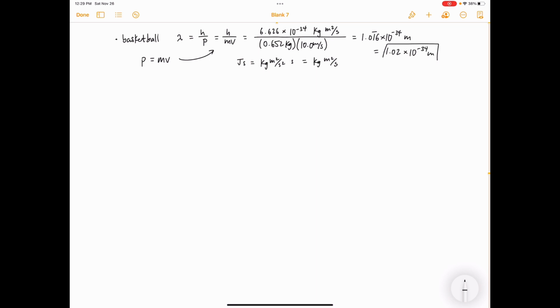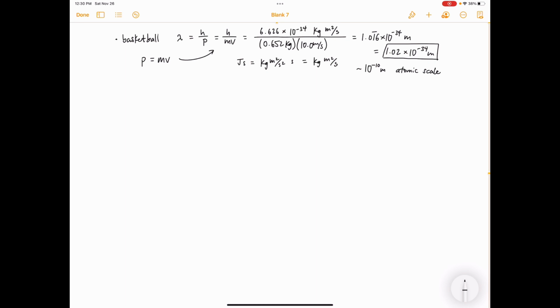Now, it's worth taking a look at that number and appreciating how small it is. So what's something really small we could compare this number to? 10 to the minus 10 meters is the atomic scale. This is the size of typical atoms. That's way larger than the number we just calculated.